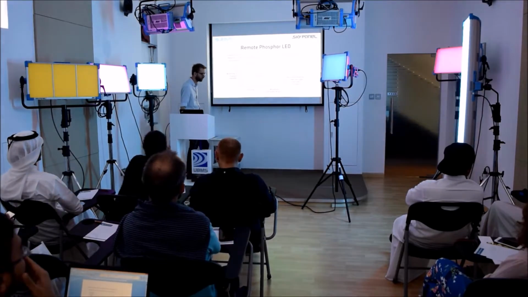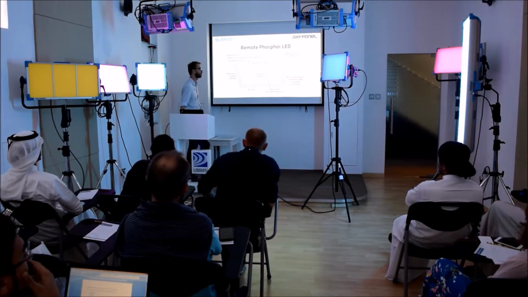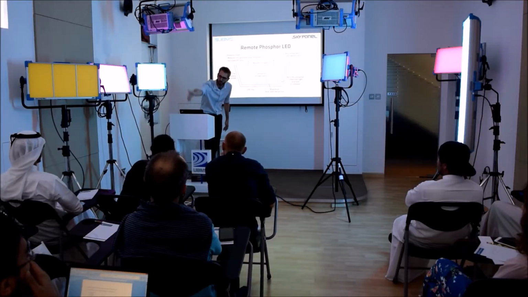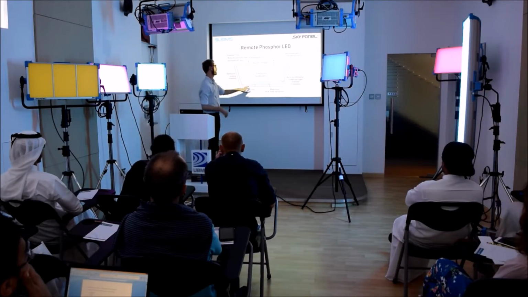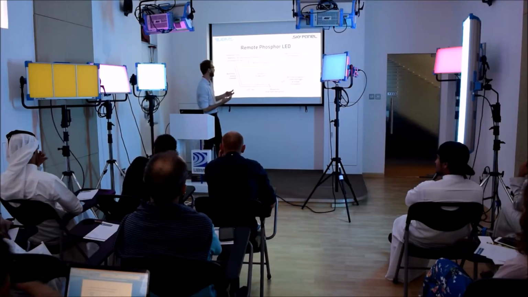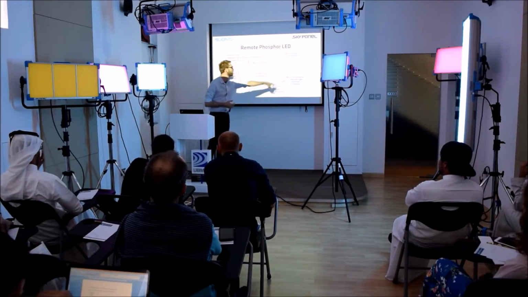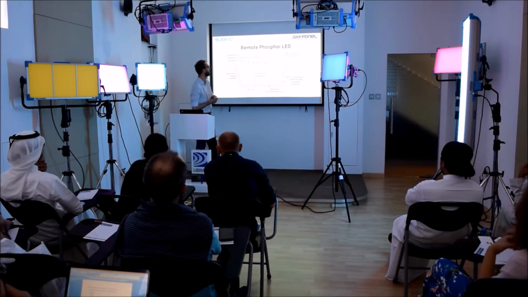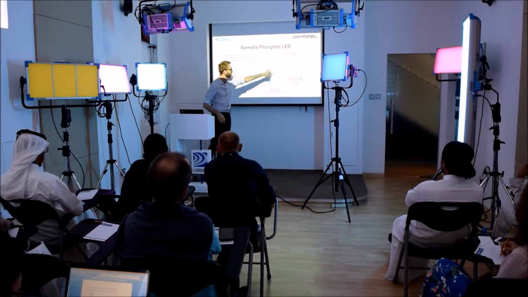So just looking at remote phosphor again. This is what a remote phosphor cutaway looks like. If we were to slice through that at 60 RP and look at it sideways, this is what we'd see. We'd see LED chips, which are giving us a blue, almost ultraviolet light. We've got a reflective chamber, and we've got a remote phosphor panel. So we're getting blue light that's bouncing around inside.